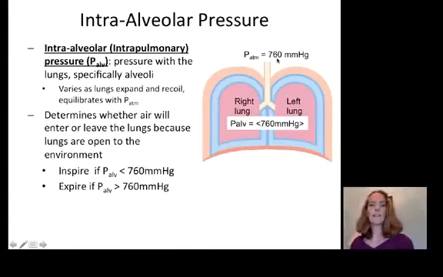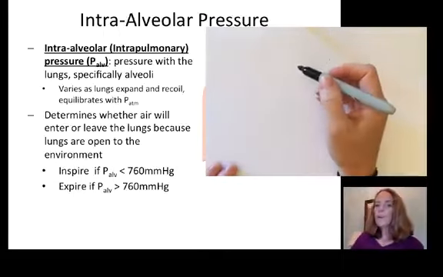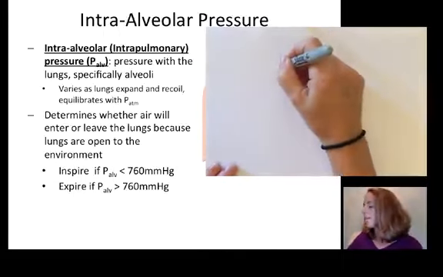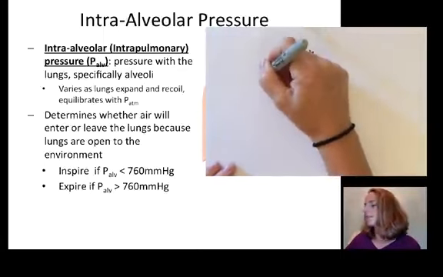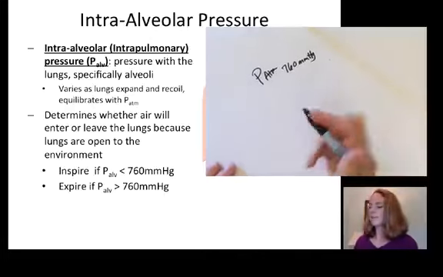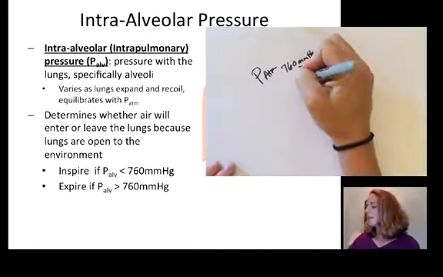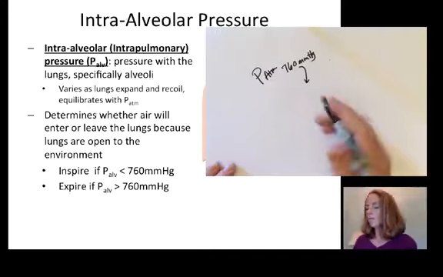So let's draw this out again, just in case you guys are getting a little bit confused. Okay, so we're looking at now the pressure outside in the atmosphere, which is 760. So we're just going to call that pressure atmosphere. And that then is going to be able to equilibrate with the lungs.